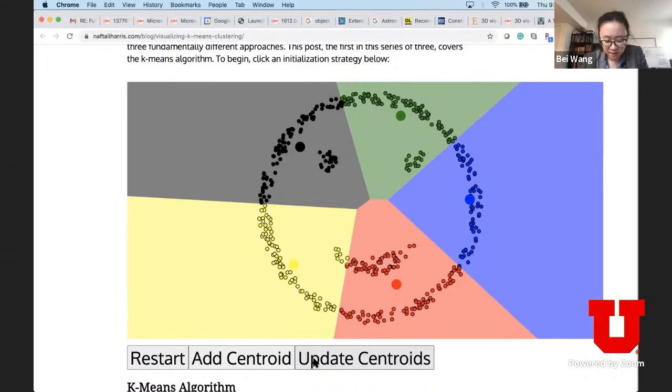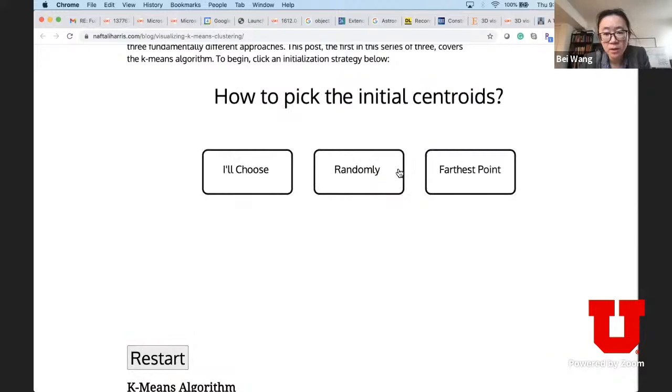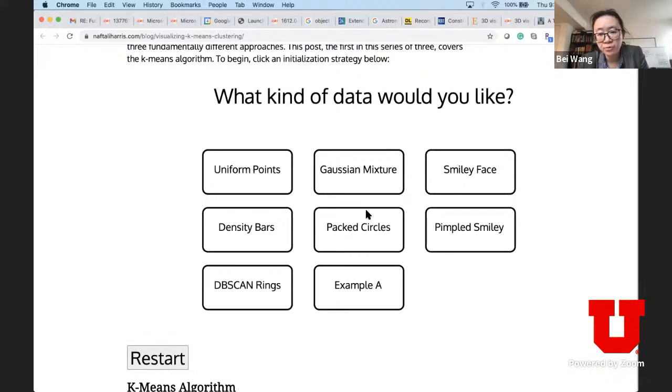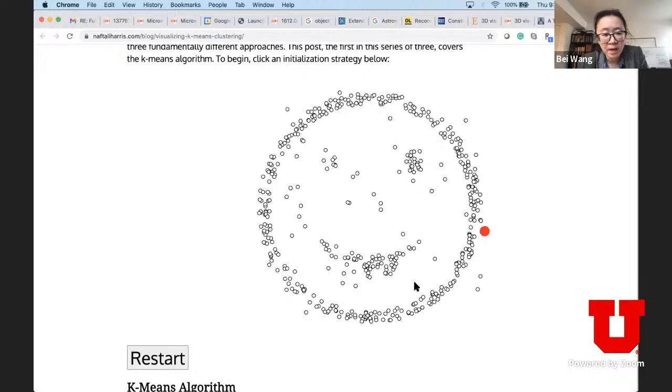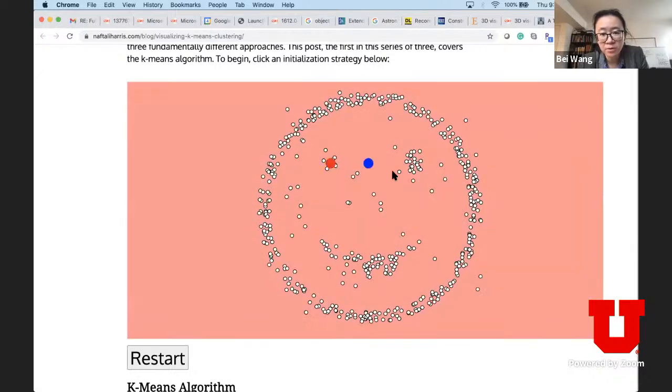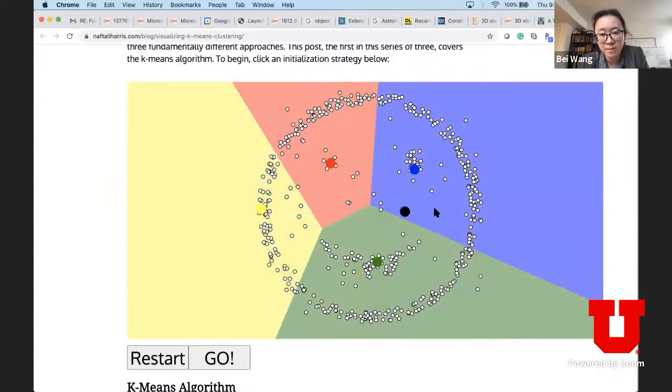Okay, so the next one, well, I'll go back to my slides afterwards. Let me restart. Here, if I choose the pinkly smile, then I can make my initial choice, assuming I have some prior knowledge of my data.